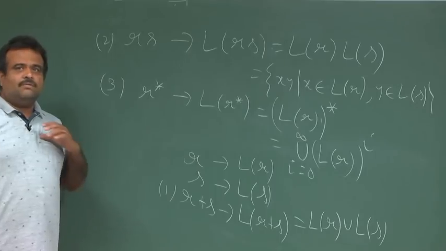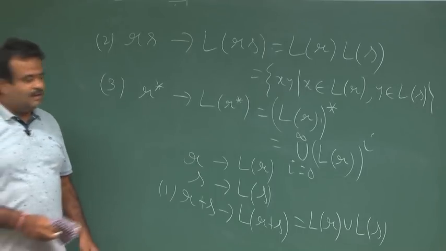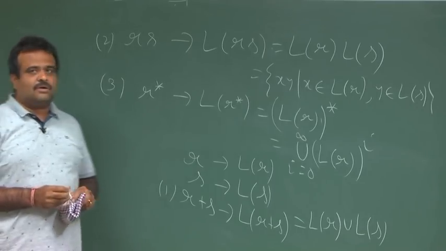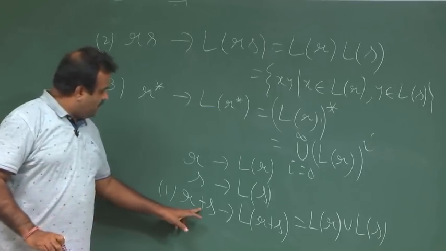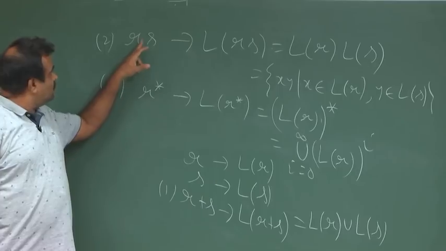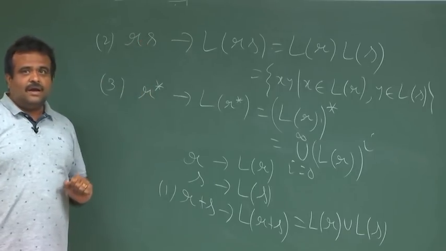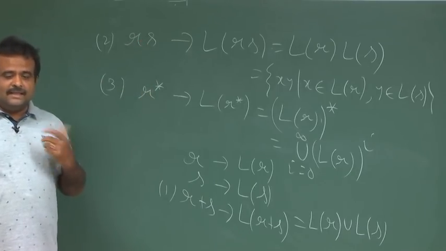So, this is the way we can define the regular expression. Now, today we will mainly talk about some examples and some properties of these operators, plus, concatenation and star, I mean the algebra of these operators.